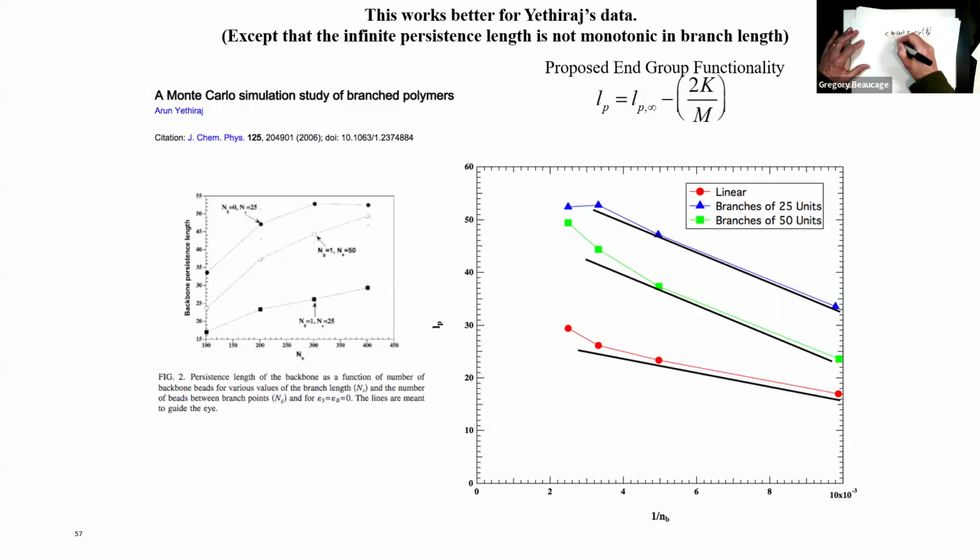Which looks a lot like the absorption coefficient. Like we have I over I0 equals exponential of minus absorption coefficient times length, right? So here, 1 over Lp is like some kind of absorption coefficient.